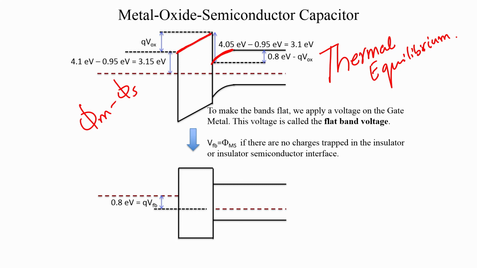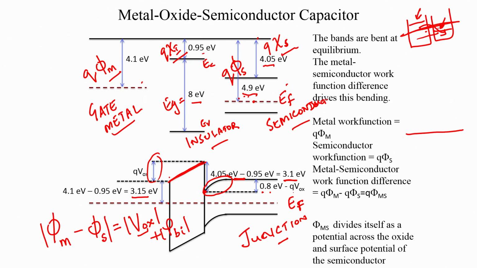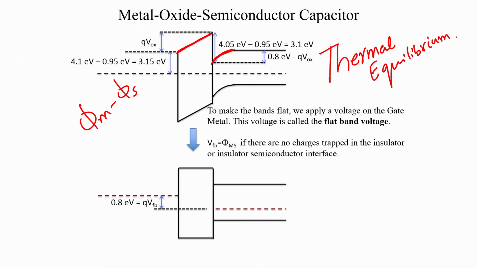Now, the question is, how do I not have any band bending? Okay, so, let us say I want to make all these bands flat again. Which means that I want to get the bands back to the way they were before the junction was formed, but I want to do it after the junction has been formed.